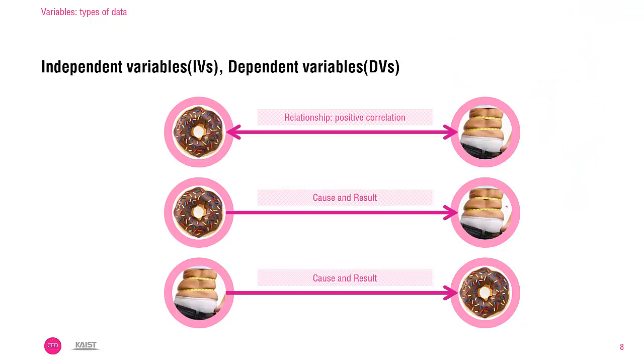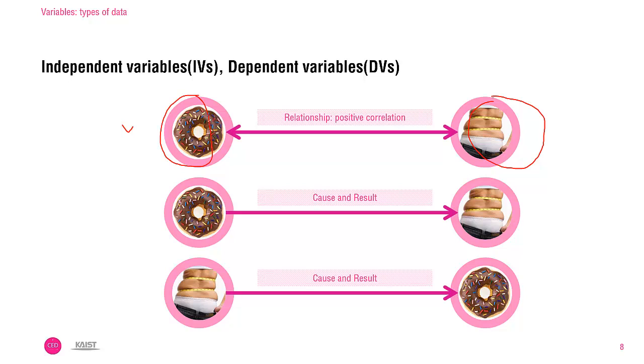Also, the cause and effect can be exchangeable. The cause and result are not inherently assigned to any variables. You decide which variable acts as cause or result. In the first case, there are no independent variable nor dependent variable. Just 2 variables have a certain relationship.